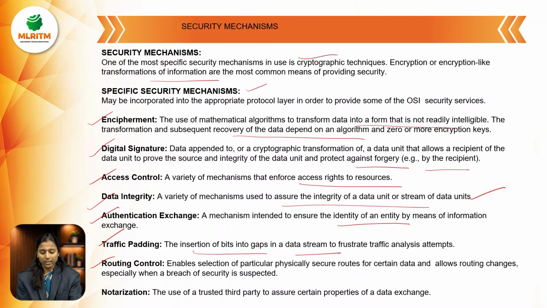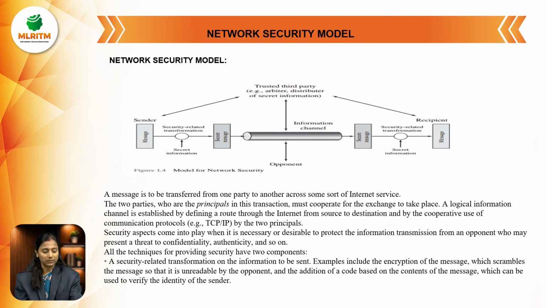Routing control enables the selection of physically secure routes, and it allows route changes. The last one is notarization. It uses a trusted third party to ensure the properties of a data exchange. These are the security mechanisms: security attacks, security services, and security mechanisms.